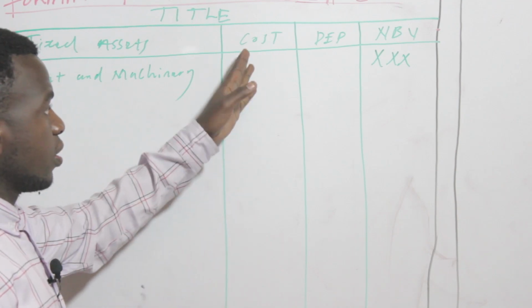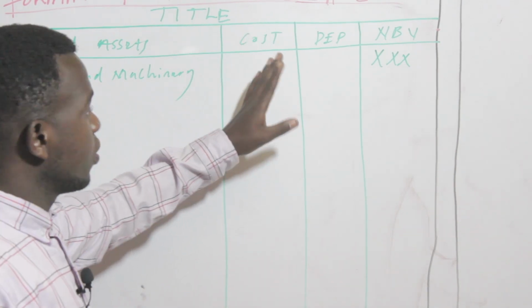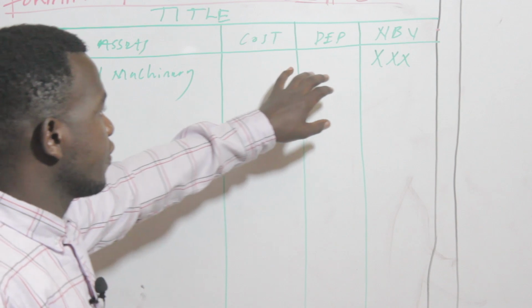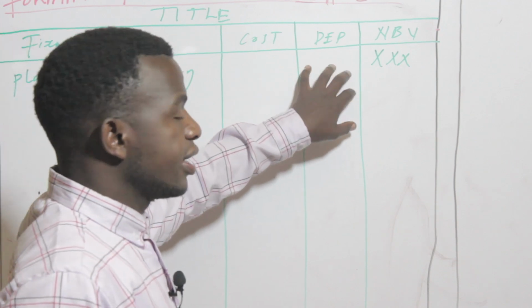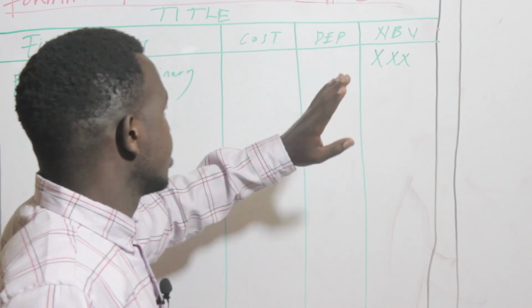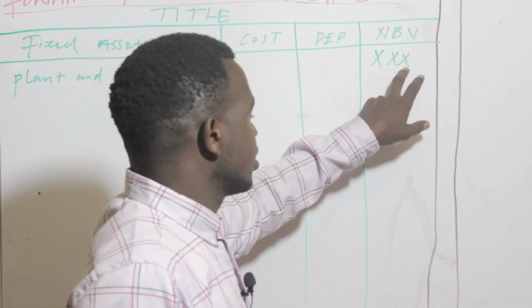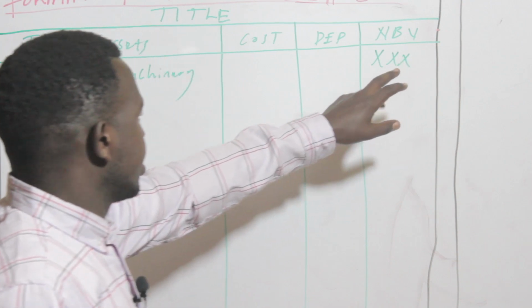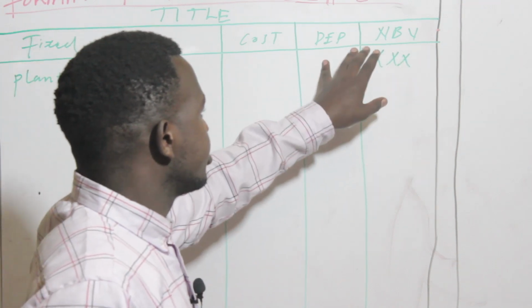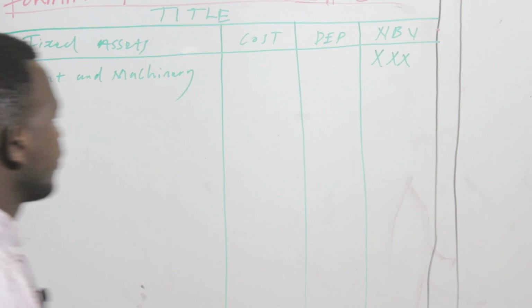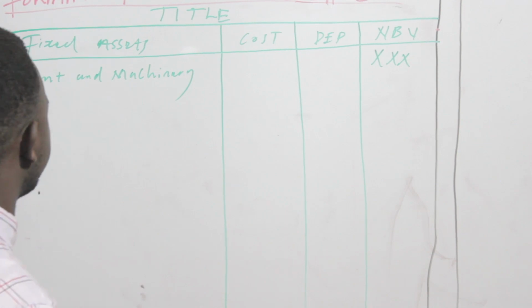And for this column cost here, we only put in cost when we have depreciation. But in a case where we don't have depreciation, the cost of the plant and machinery is going to be placed direct on the net book value. And we know that depreciation, we can either have reducing balance or straight line method.